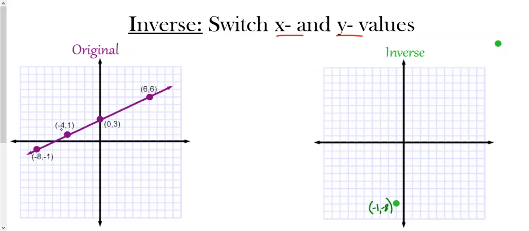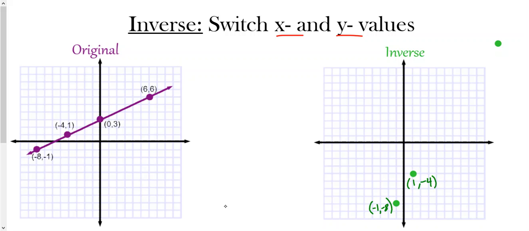So the next one is -4, +1. If I was to flip it, it would become +1 and then -4. So this point is +1, -4.